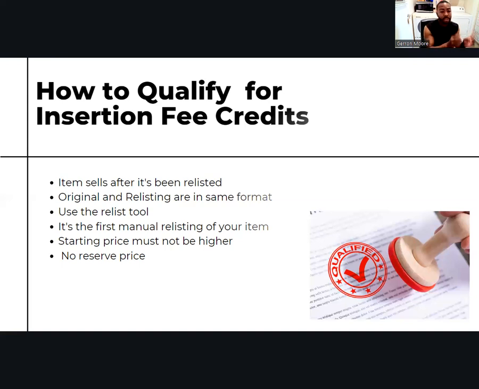Now, here's the other thing. That listing has to be in the original format. However it was presented beforehand, that is the exact presentation that has to be shown to the buyer. You can't have made any other changes. And this is important because a lot of times people like to use the sell similar tool.